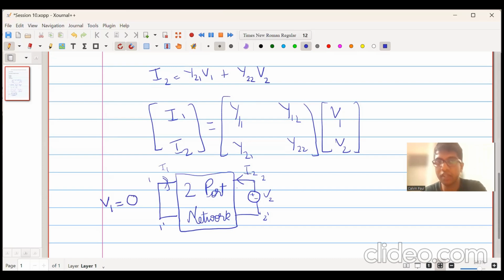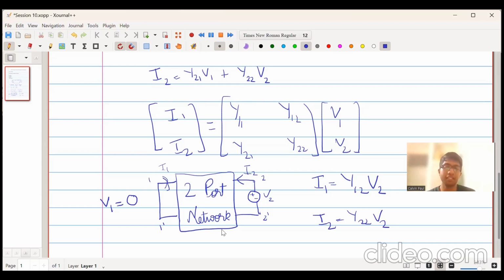If V1 becomes equal to 0, we get I1 equal to Y12 into V2. We know V2 and we measure I1 as well. Similarly, I2 will be equal to Y22 into V2.